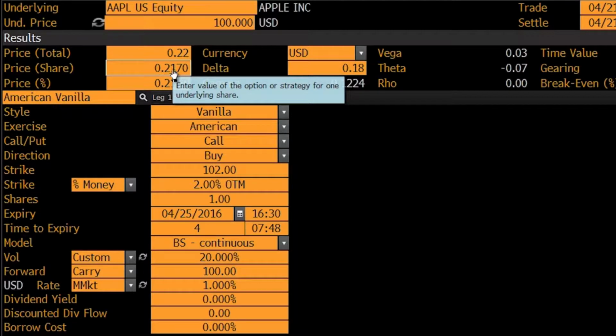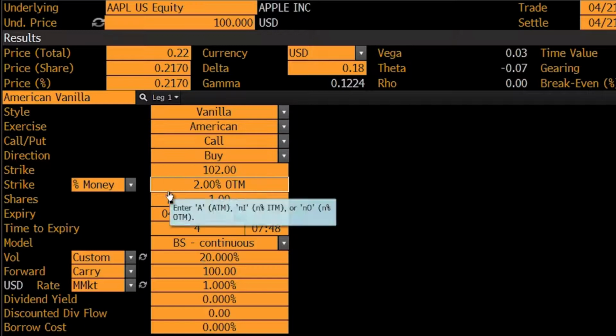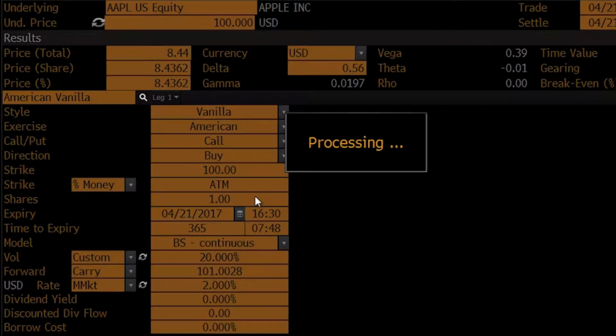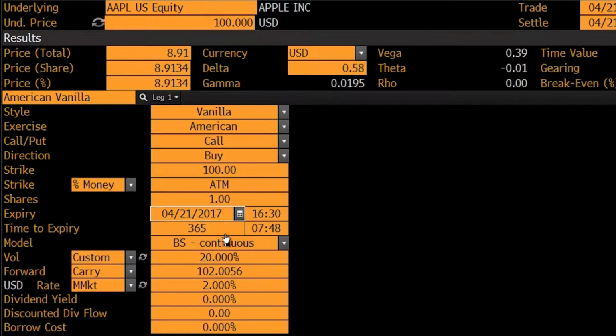Now, bonus question. Why was a 365-day option chosen for question 1 and not a 5-day option? Well, let's put this back to 365. Let's put that strike back to 100. Let's put this rate back to 2%. So this 365-day option has a Vega of 39 cents.